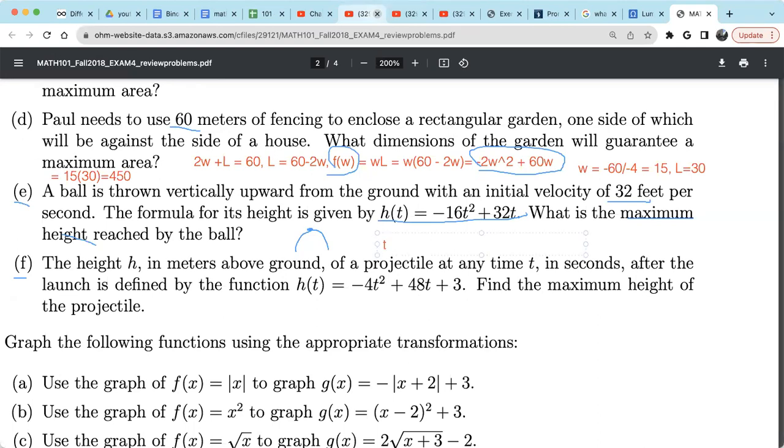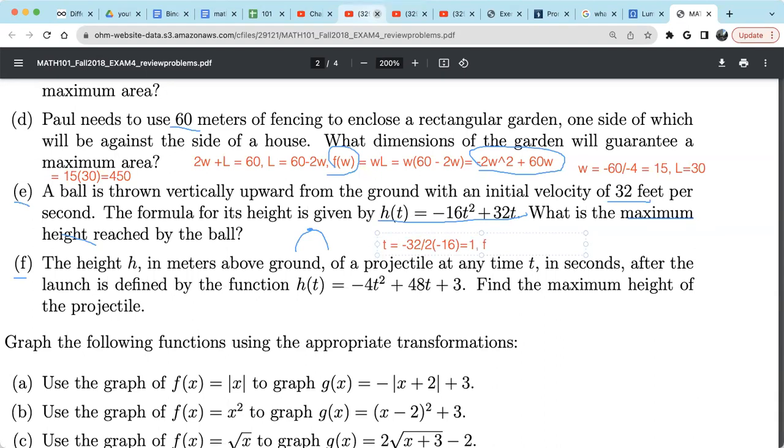In this case, the variable t equals negative b over 2a. b is 32, so that's negative 32, divided by 2 times a, which is negative 16. 2 times negative 16 is also negative 32. So this equals 1, because we have negative 32 divided by negative 32. So t is 1.